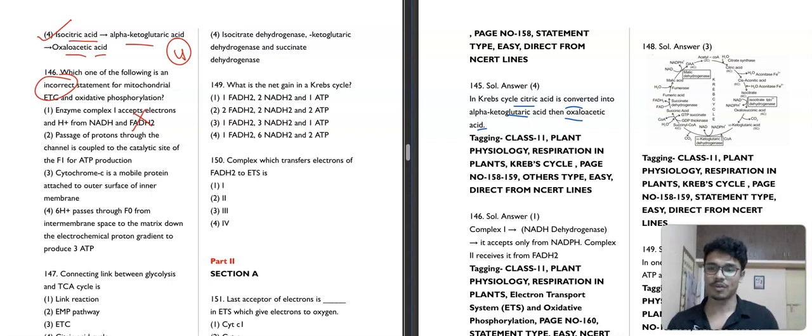Then passage of protons through the channel is coupled to the catalytic site of F1 for ATP production, correct. Cytochrome C is a mobile carrier attached to the outer surface of the membrane, also correct. 6H plus passes through F0 from the intermembrane space to the matrix down the electrochemical gradient to produce 3 ATP. 6H plus, 3 ATP, it is correct. So the incorrect one is the first option.